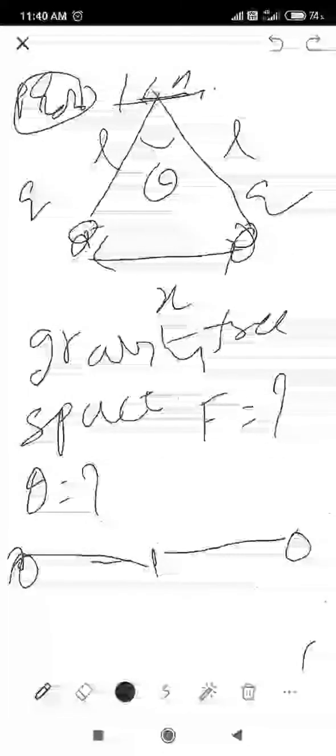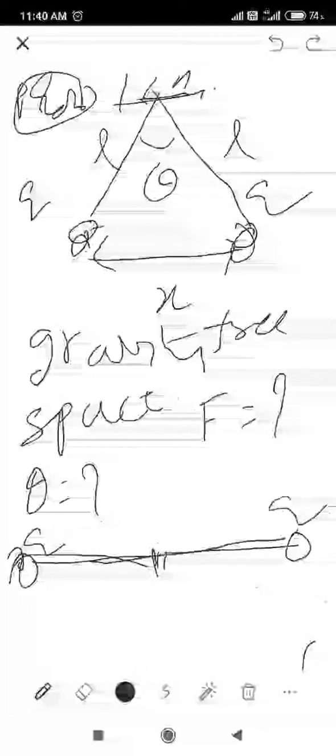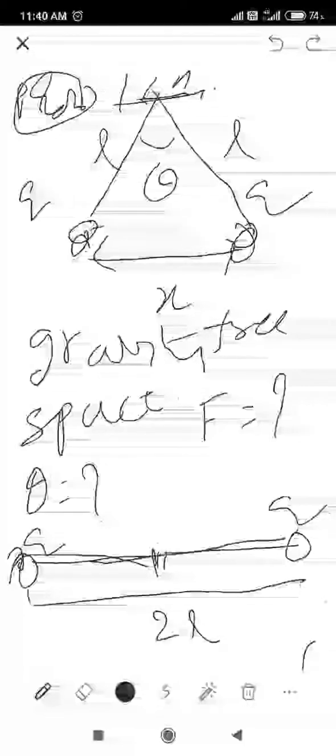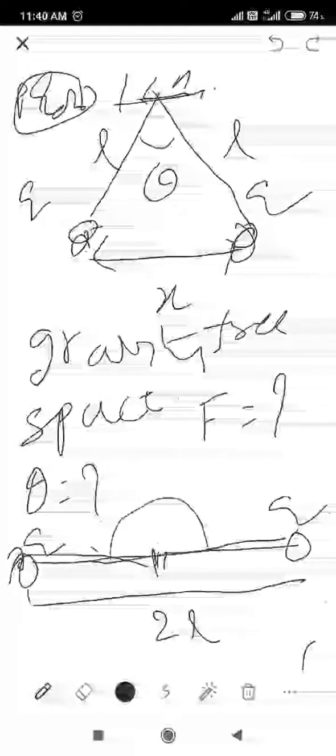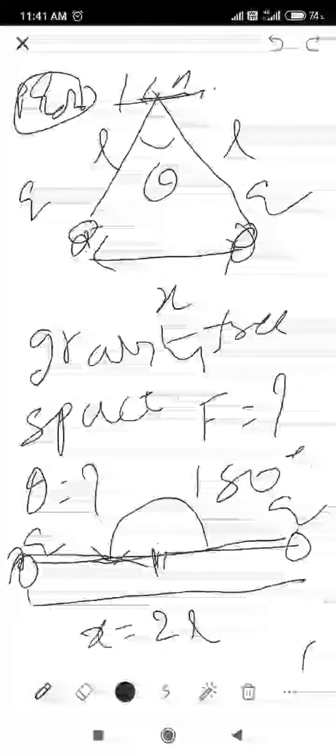They move apart and they will come to one straight line like this. Now the gap between these two charges is how much? This is equal to 2L. And what is the angle between these two threads? This is equal to 180. That means theta is 180 and gap between the two charges, that is x, that is equal to 2L.